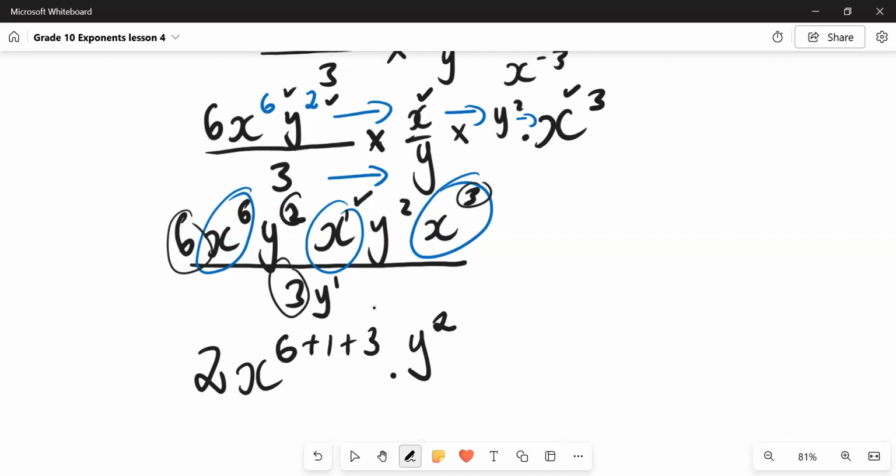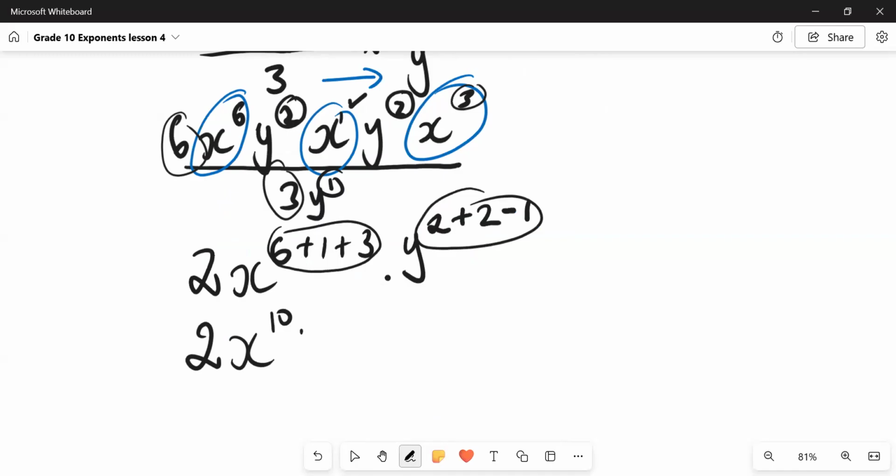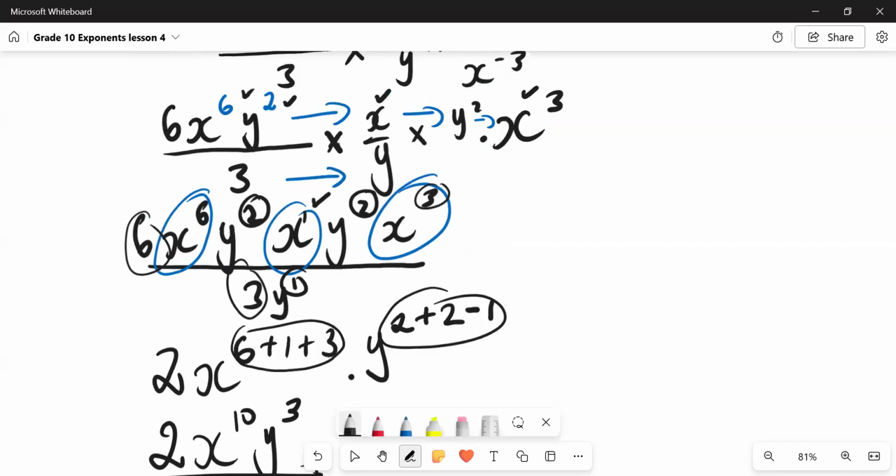We have 2 plus 2 there, and because this is the denominator, we subtract. So that's law number 1, law number 6. From here, you have your 2x. Now we are adding here, you'll get 10. Subtract there, you'll get y to the power of 3. Then you're done. That's it with example 1.